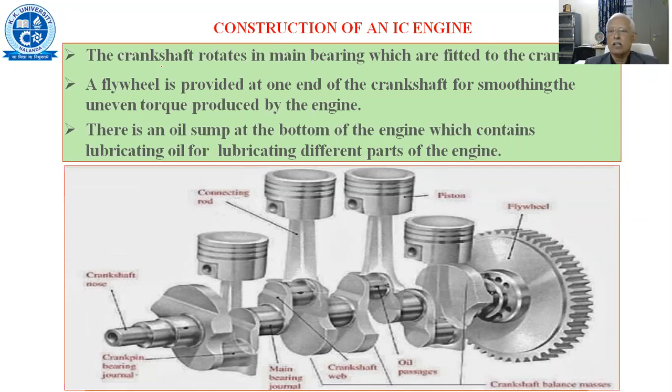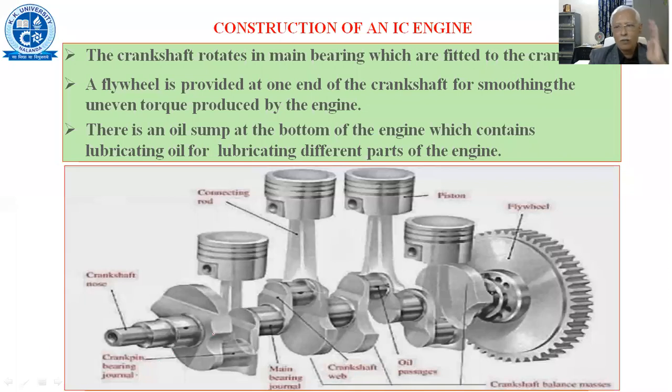In each cylinder, we'll have one piston, one connecting rod, and one crank. In this particular configuration, what are we seeing? You'll have four cylinders and four pistons, and two pistons are at the same height.